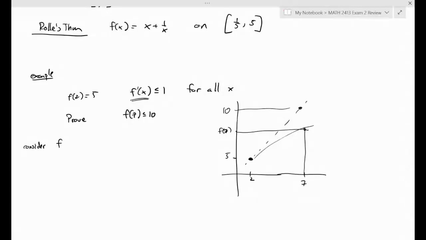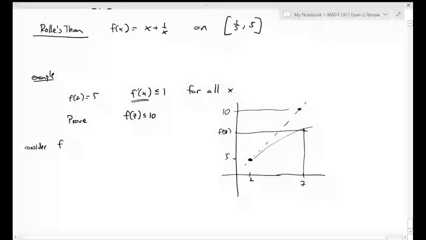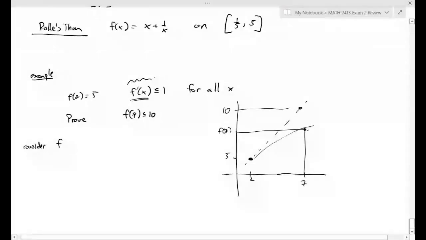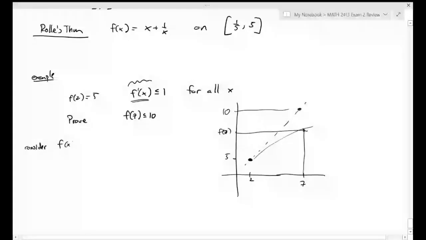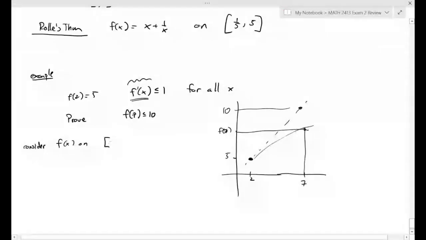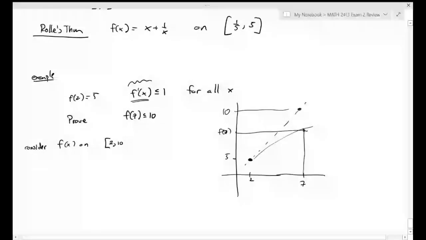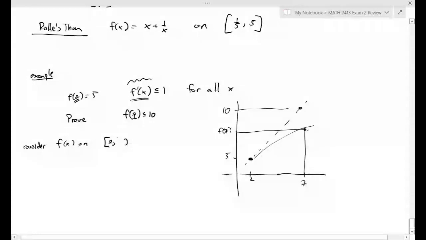Since I wrote that, f prime must exist. It's differentiable everywhere, so it's continuous everywhere, in particular on this interval from 2 to 7. And that's obvious why we want to choose those numbers.